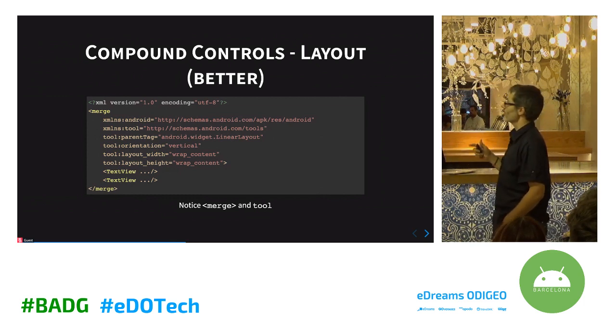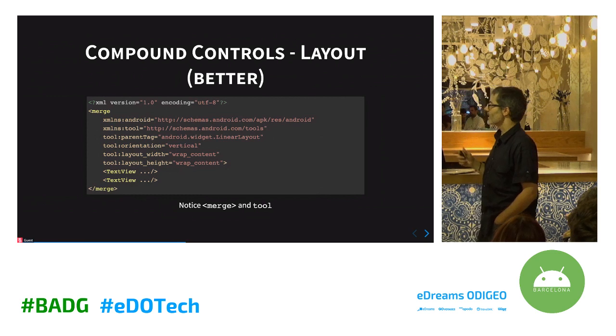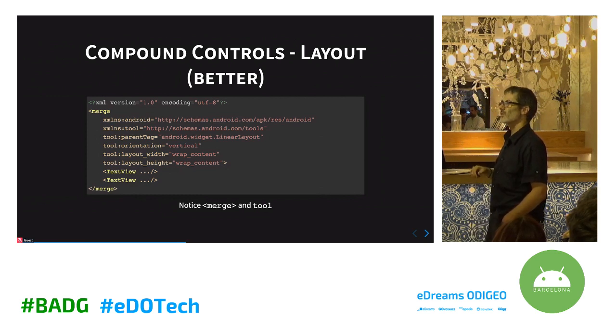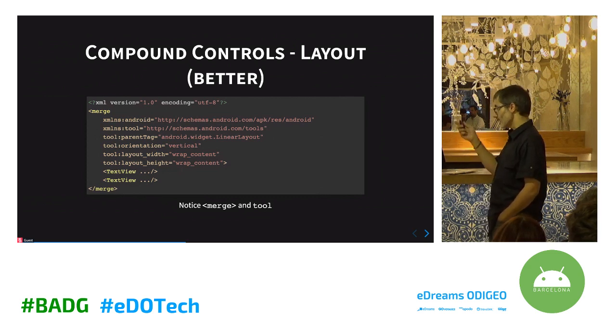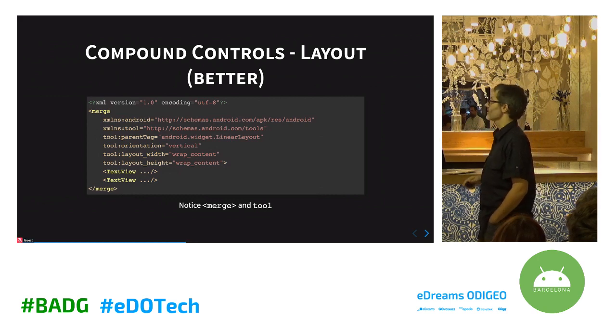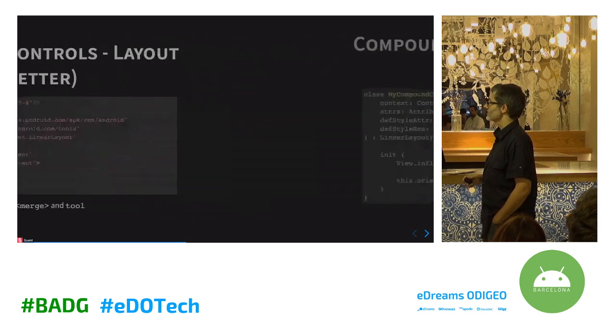And for example, in this case, I think it uses by default, it renders like it would be a frame layout, I think, or something like this. So basically, this will allow us to get rid of this extra view group, but keep all the goodies of the preview.